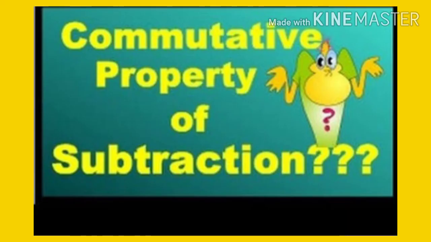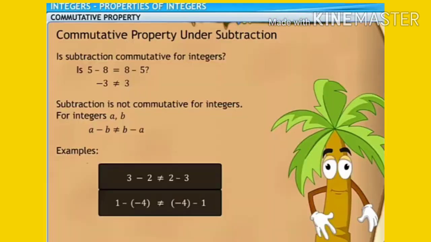We know the commutative property. Commutative property is nothing but that the change of order of integers does not make any change in the answer in the process of the operations. In addition, 5 plus 8 is equal to 13 and similarly 8 plus 5 is equal to 13. But when it comes to subtraction, 8 minus 5 is equal to 3 while 5 minus 8 is equal to minus 3.